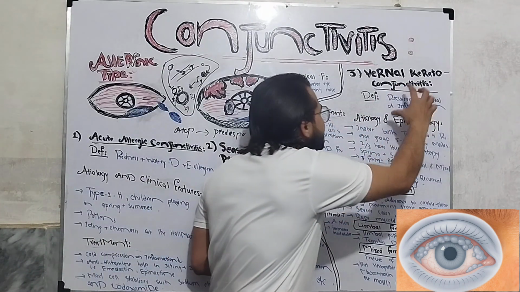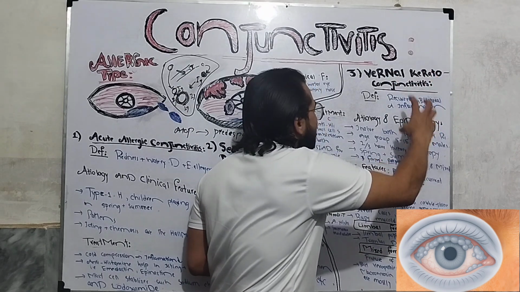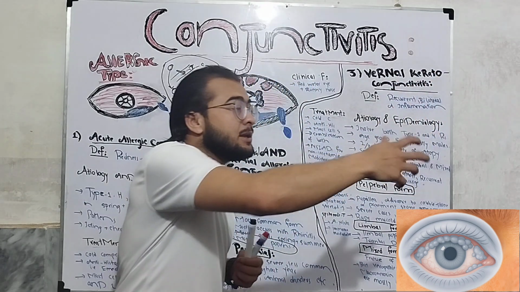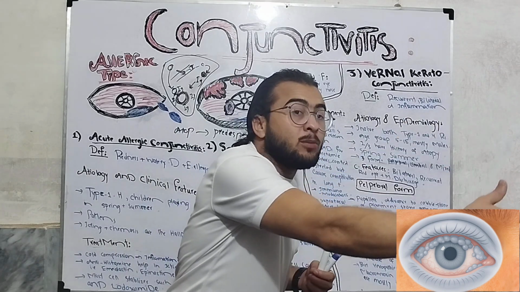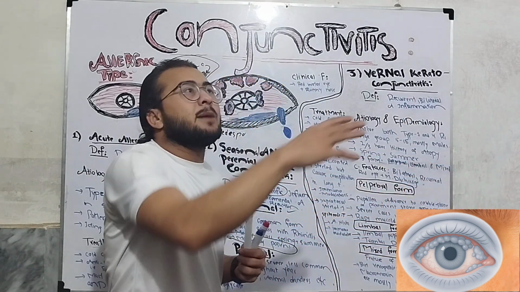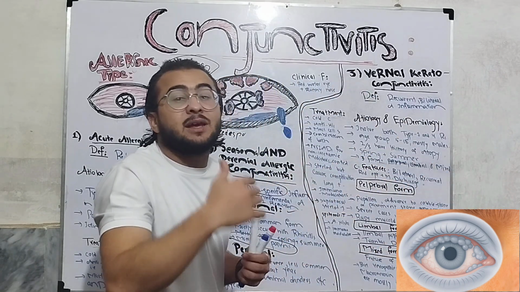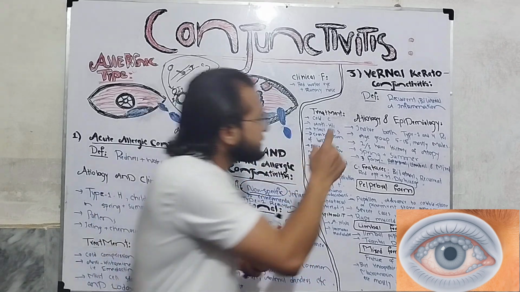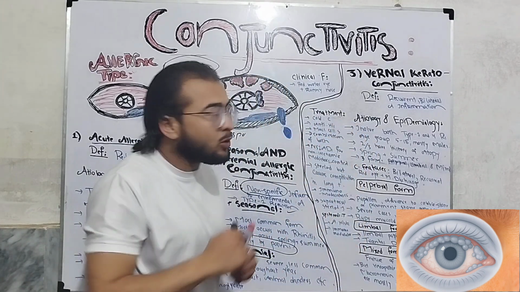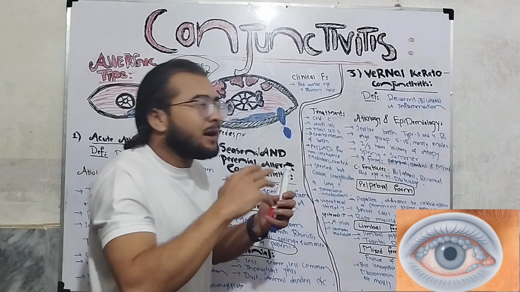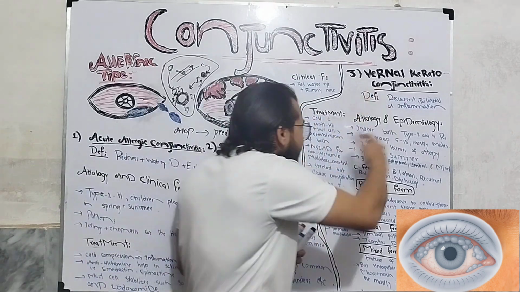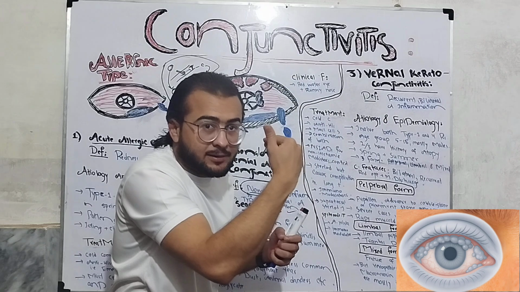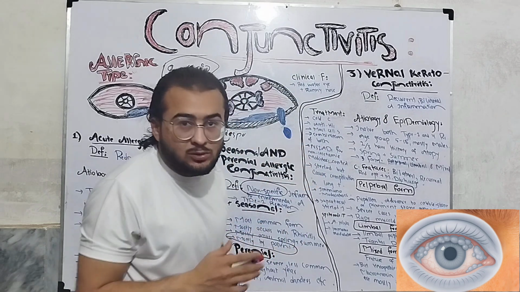So when a vernal keratoconjunctivitis patient presents to you, they will be boys aged 5 to 15 years, and about 75% of the patients will have a history of atopy. That is, there is a family history of atopy, so it will make it easier for us to diagnose the condition. Okay, if we keep these epidemiological features in mind, it will make the diagnosis easier.